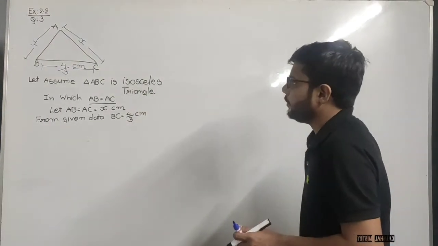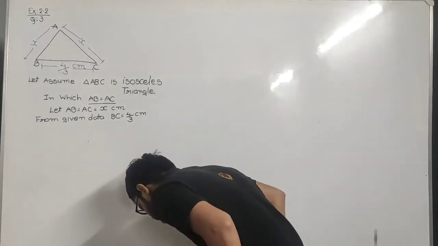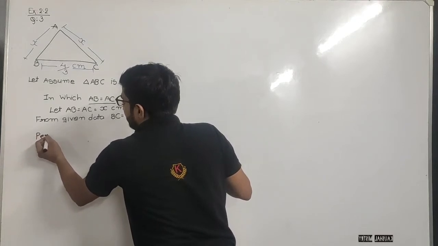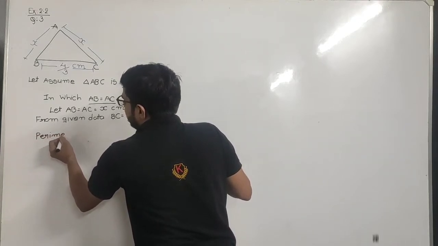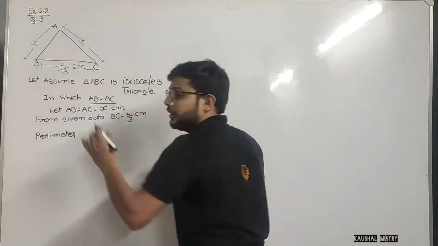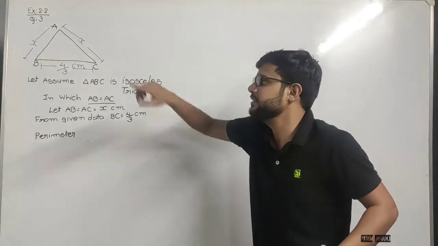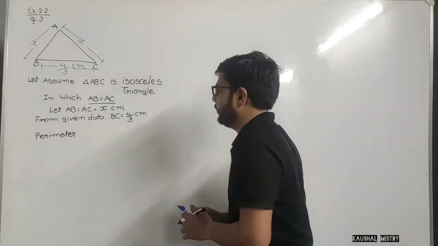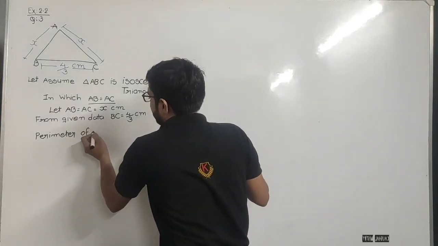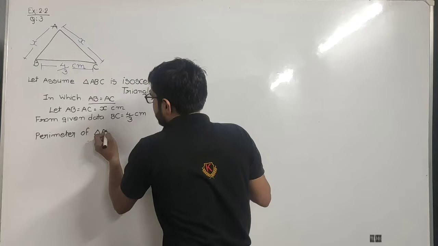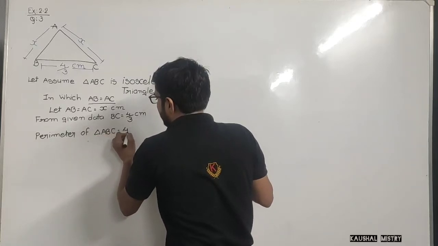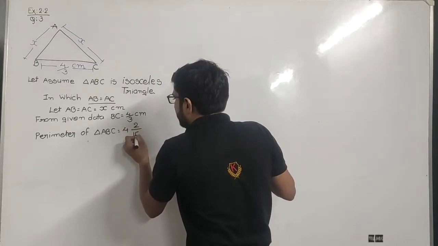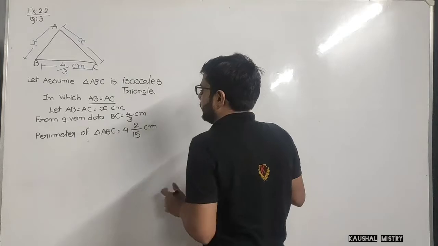Now, the perimeter of a triangle, from the given data we can definitely write. Here we have taken triangle ABC as an isosceles triangle. That means the perimeter of triangle ABC will be 4 complete 2 upon 15 centimeter, right?